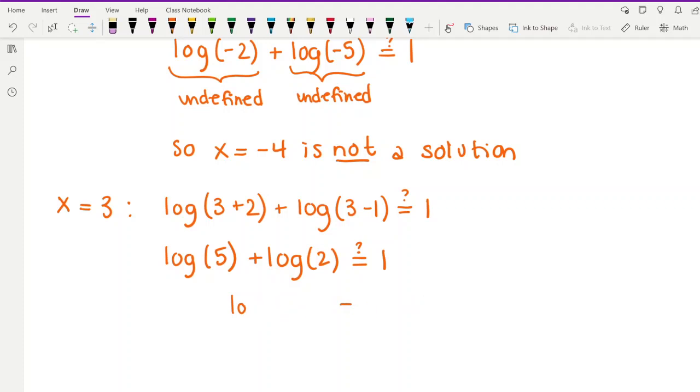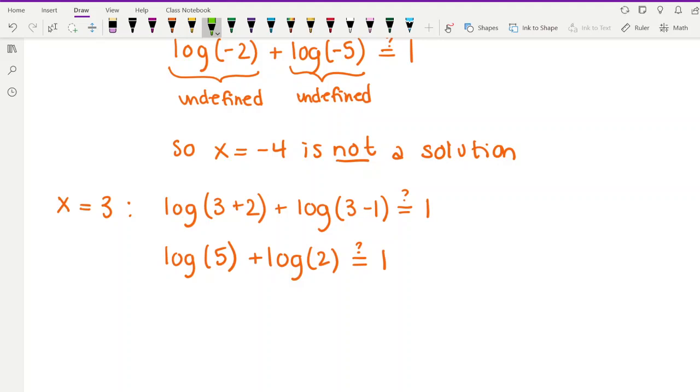But when you're checking your answers, it's not so important to check that you actually get the correct answer. I mean, that doesn't hurt. That's always a good thing to do. But the thing that you need to be on the lookout for is whether you get a negative result inside the logarithm when you plug that number in.